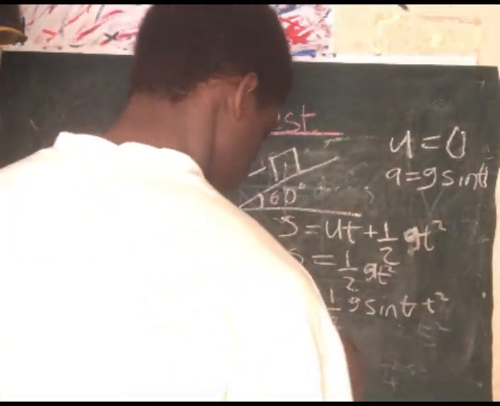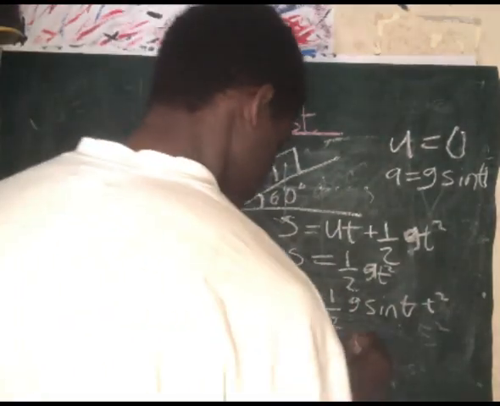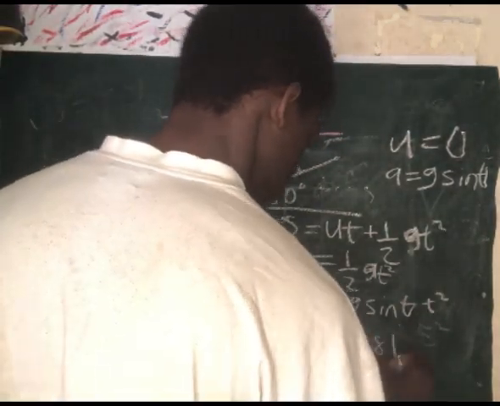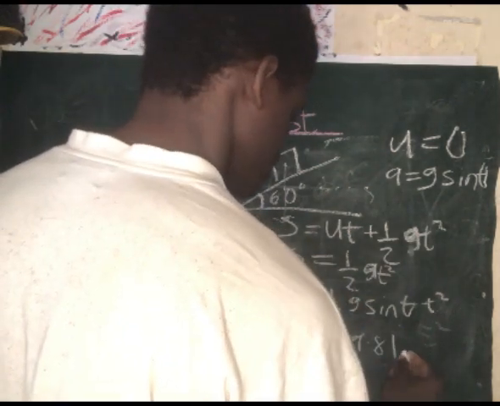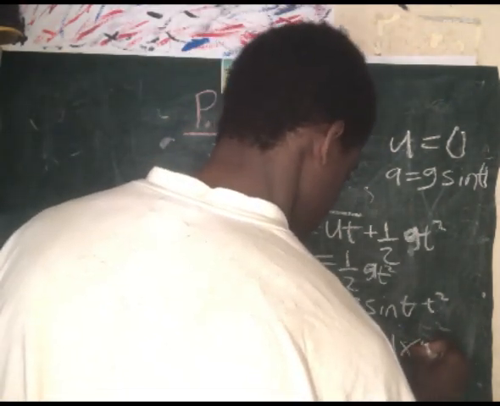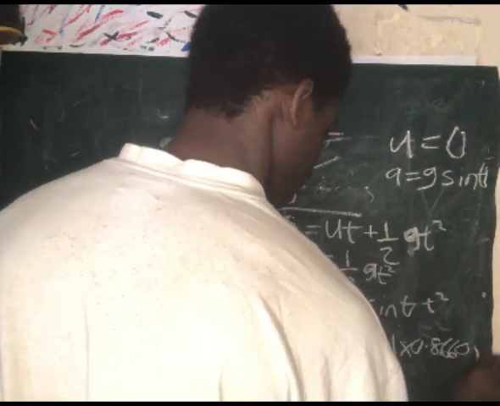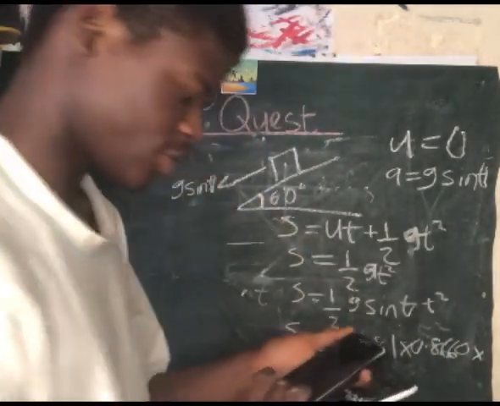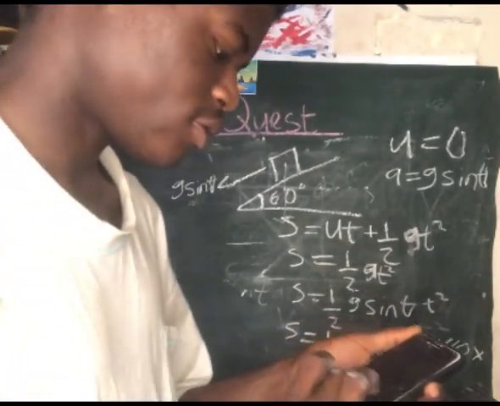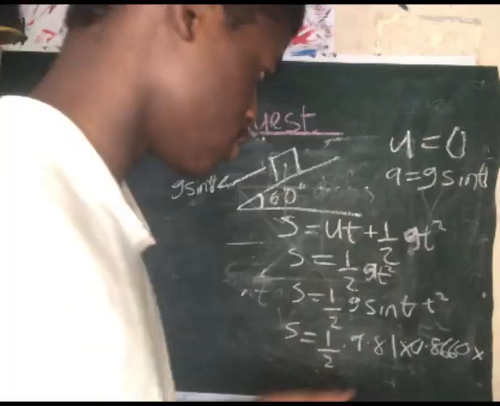So s is equal to half times g, which is 9.81, sine 60, which is 0.8660, times 5 squared. The time is 5 seconds, right? So that's 5 squared.